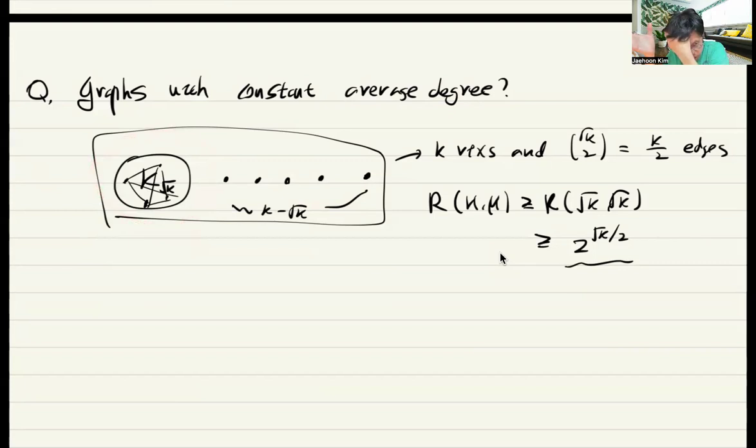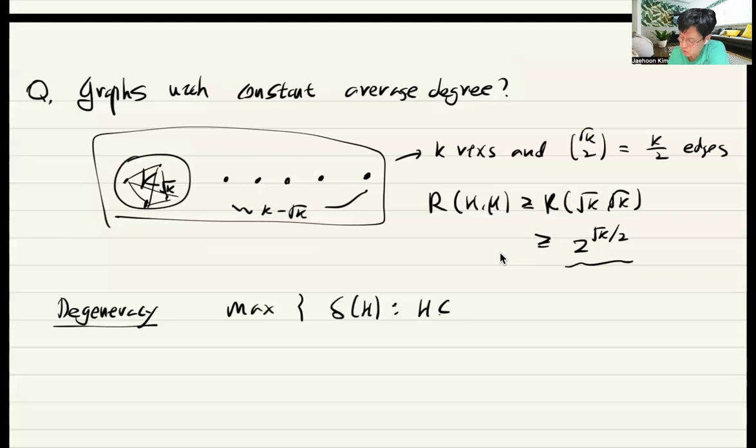And we already know such a concept. We have learned in the Introduction to Graph Theory course about such a concept under the name of degeneracy. The degeneracy of a graph was the maximum of the minimum degree over all subgraphs.